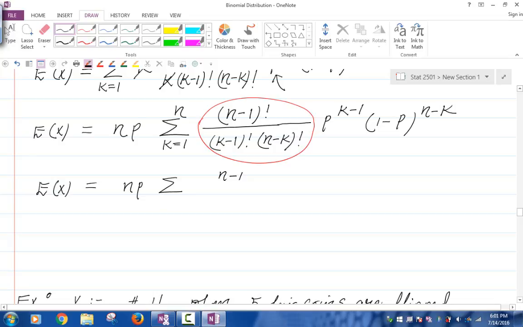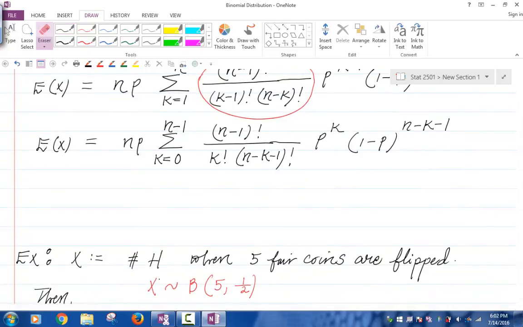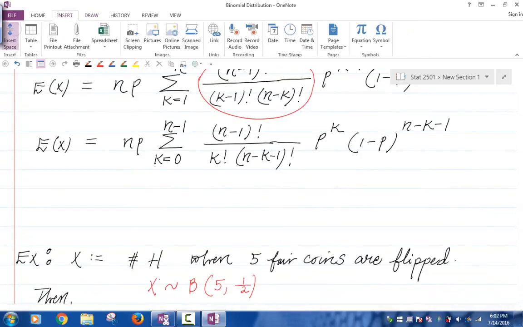In that case, I'm going to get n minus 1 factorial over k factorial and n minus k minus 1 factorial here. p to the k, because I'm replacing k by k plus 1, 1 minus p to the n minus k minus 1. And here the index will go from 0 to n minus 1. Okay, so we change the index.